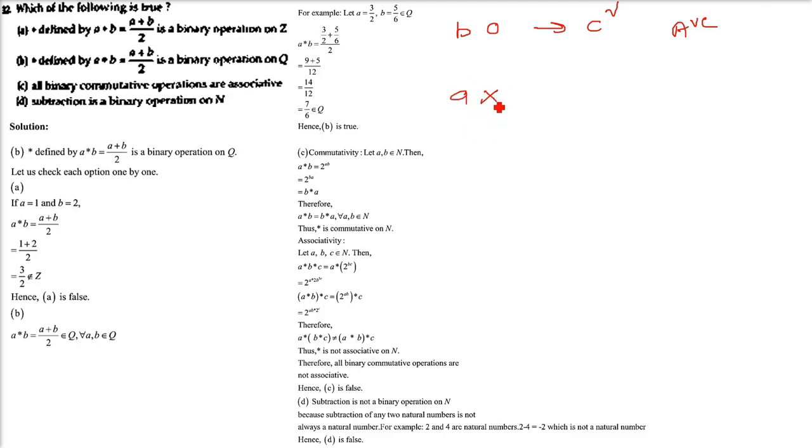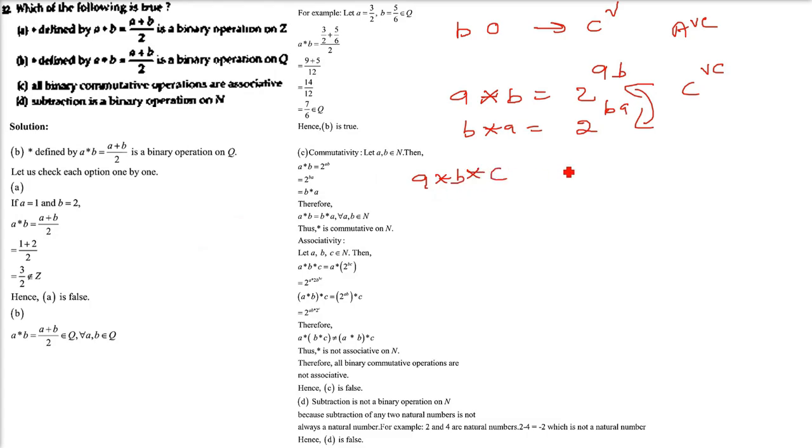So we'll take a binary operation and we'll just call it 2 raise AB. Now, A star B and B star A: if they are equal, that means it is commutative. So A star B is 2 raise AB, B star A is 2 raise BA. They are the same because A into B is B into A. So this is commutative. But if it is commutative, whether it is associative or not, that we have to see.